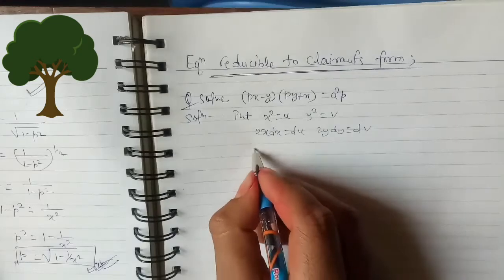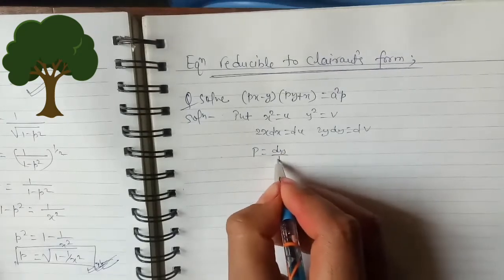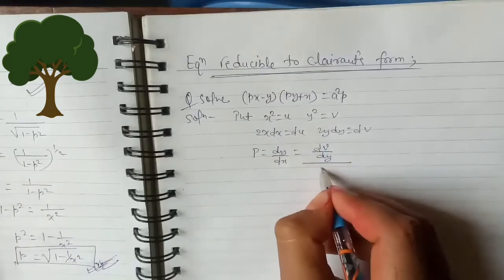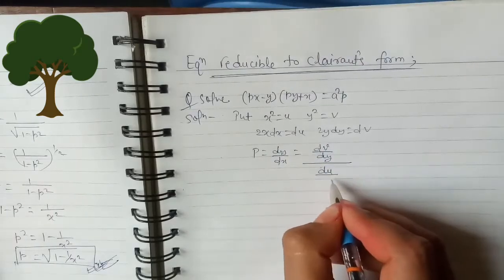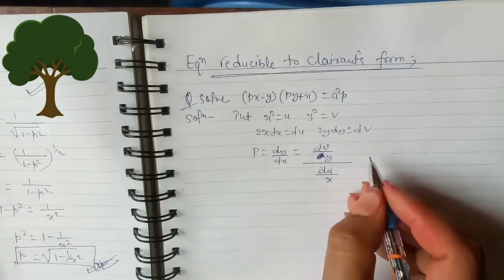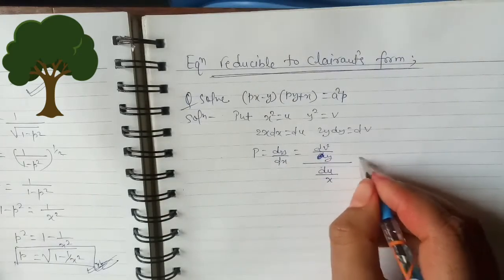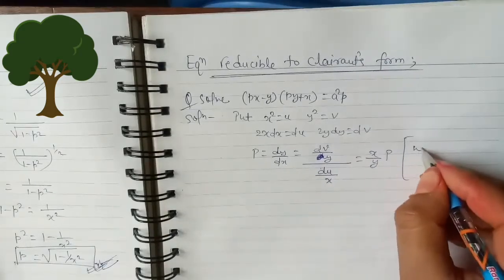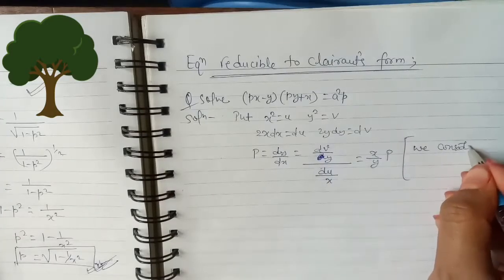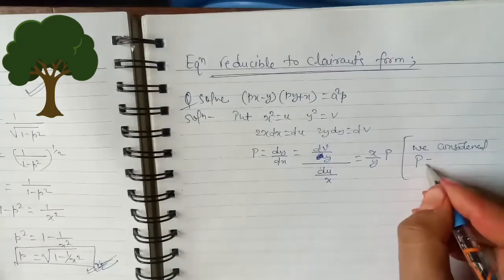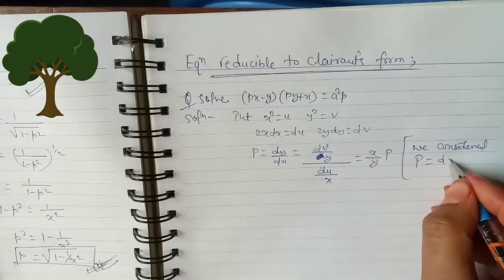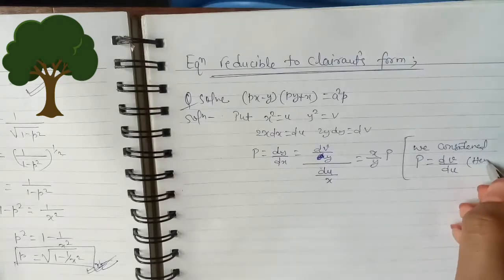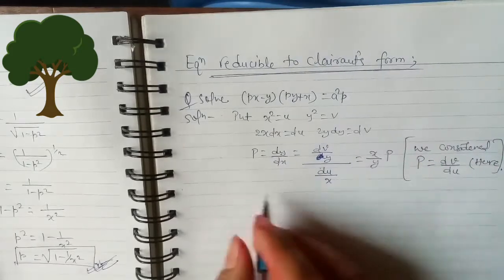So from here we get p is equal to dy by dx, which is equal to (dv upon y) upon (du upon x), which is x upon y into capital P. We considered capital P is equal to dv upon du.